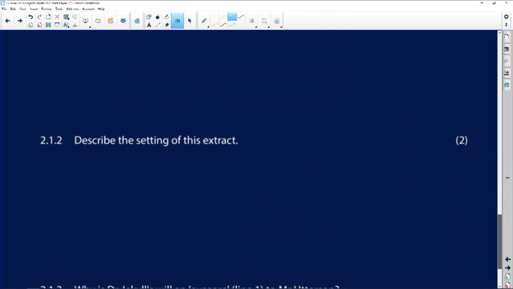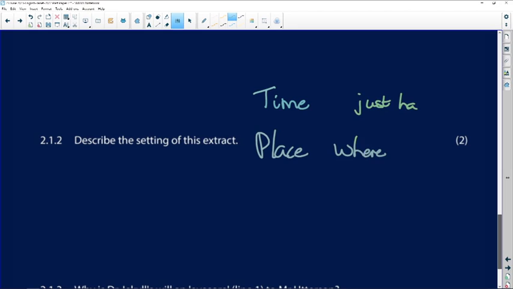Then we've got setting, and what did we say about setting? It is time and place. So you say this is where it happens, and this is what has just happened, just before the extract.